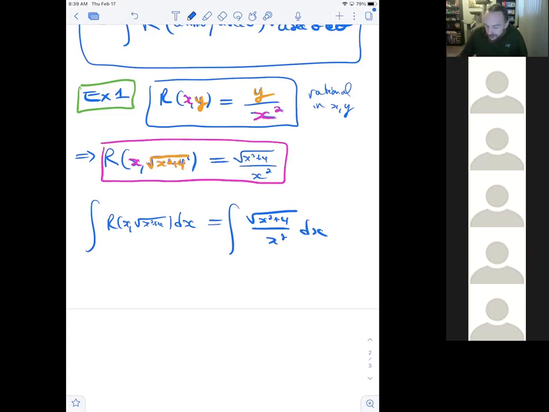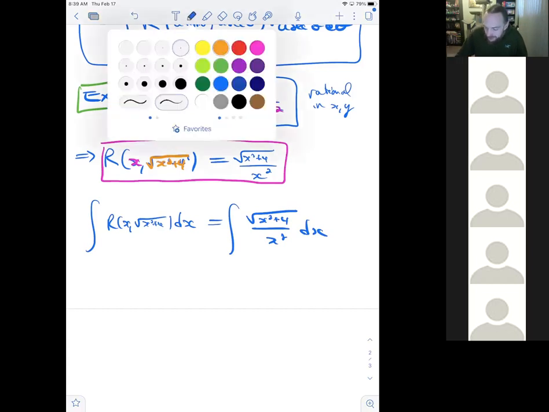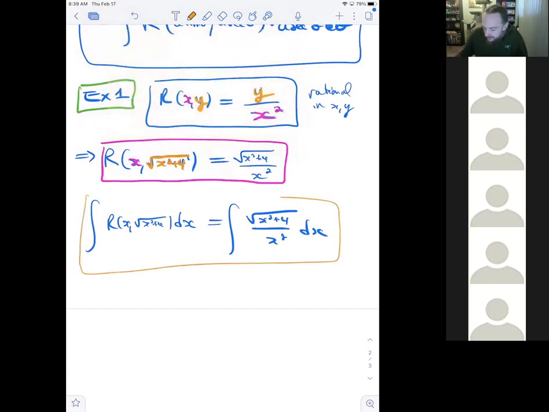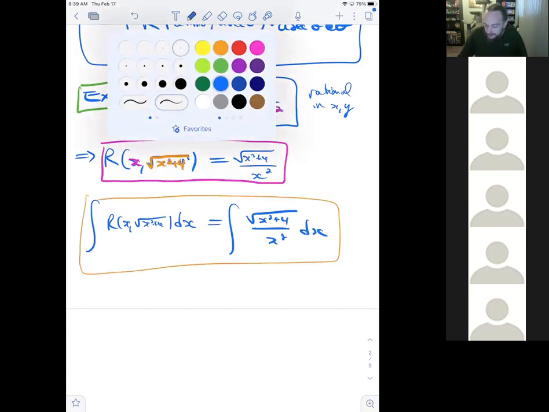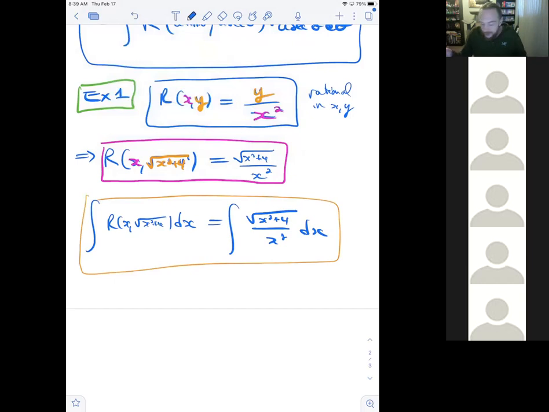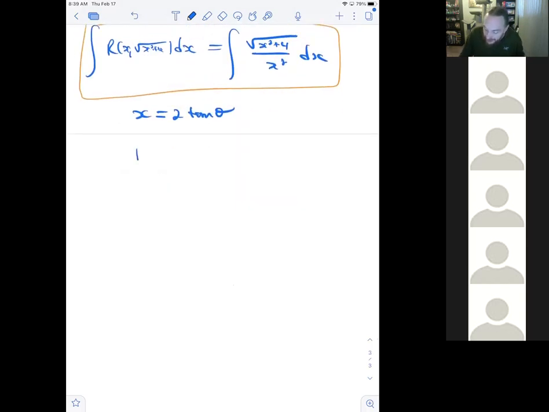Now you see what I'm trying to do. If I'm trying to integrate this thing, what am I going to do? I'm going to let x equal 2 tan theta. Then immediately my differential dx is 2 secant squared theta d theta.